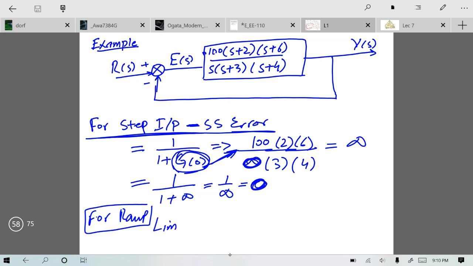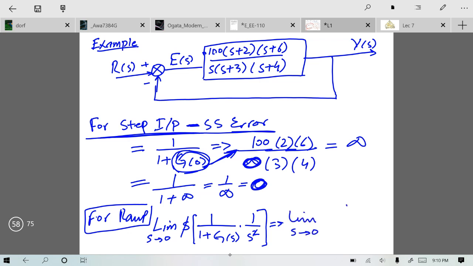The expression for ramp would be the limit as s approaches 0 of s into 1 over 1 plus G of s into R of s. Here R of s is 1 over s square due to the ramp. This s is cancelled with this, then the steady state error would be the limit as s approaches 0 of 1 over s plus sG of s.